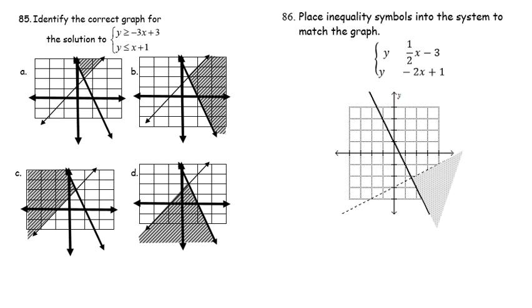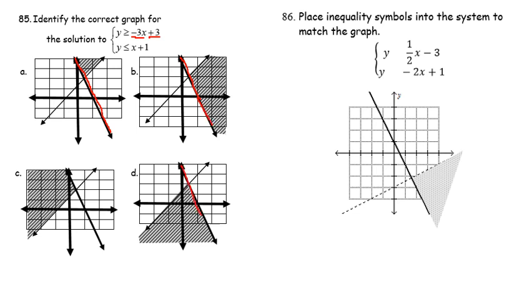All right, number 85, identify the correct graph for the solution. First we need to figure out which line goes with each inequality. Right here, I'm looking at this one, it's got a +3 and a -3 slope, so we should know that this would be the line for each one of those.